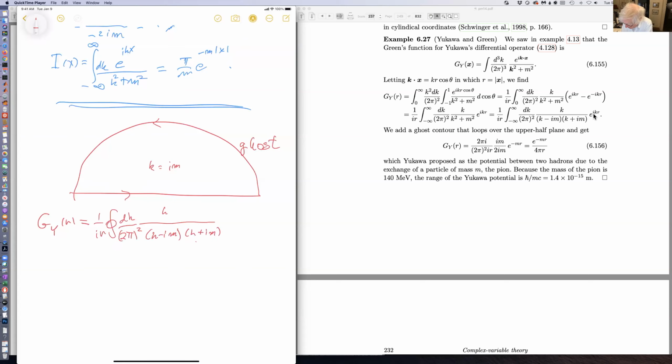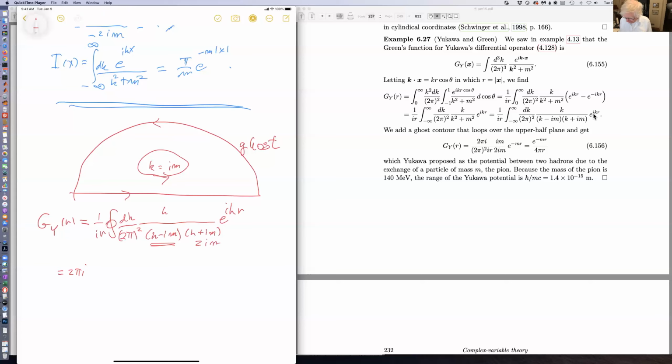So this just becomes 2im because we're integrating, we shrink the integral around this, or equivalently, we just use Cauchy's integral formula. And then we have e to the ikr. So basically, we just replace this, this is the 1 over z minus z0 term. And so we just get that the whole thing is 2 pi i times all this evaluated at k equal to im.